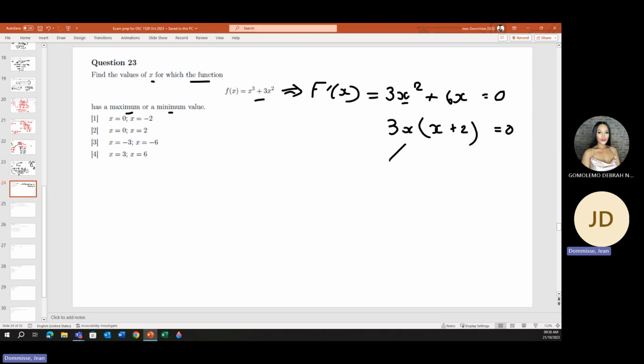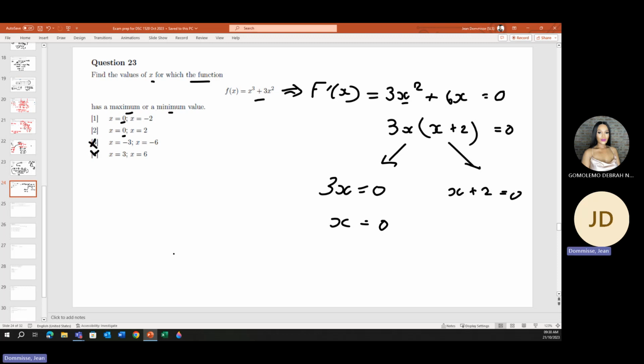Okay, so your 1st x will be where 3x is equal to 0. And your second x will be where x plus 2 is equal to 0. So in this instance, x will be equal to 0. So when we go to look for answers, x is 0.